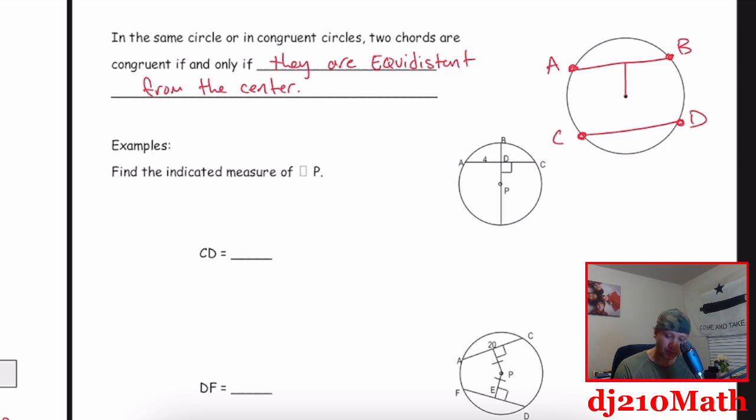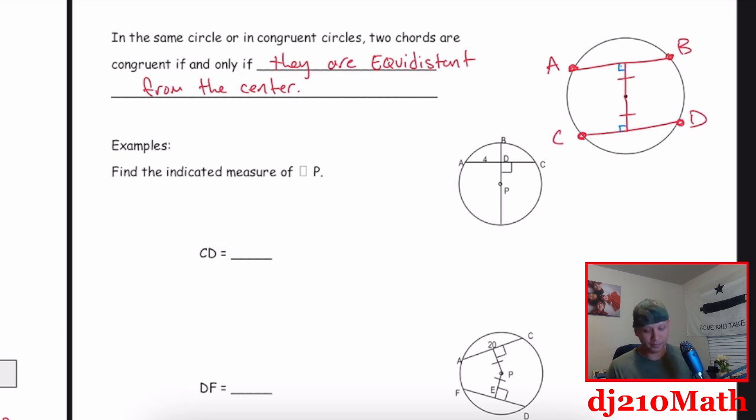So here we have to know that these chords are the same length from the center. Now, it is worth noting that these need to be perpendicular. Kind of wish the definition said that, but it has to be perpendicular. If it's not perpendicular, then we don't know that they're equidistant.